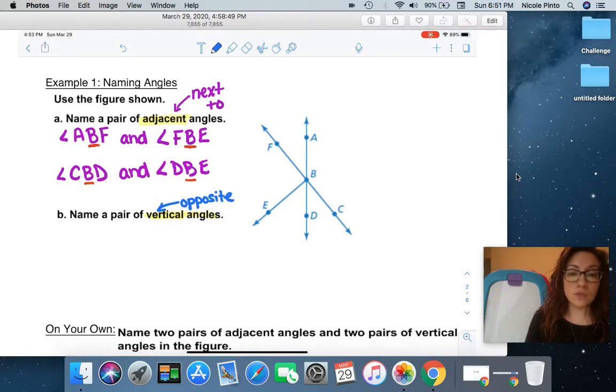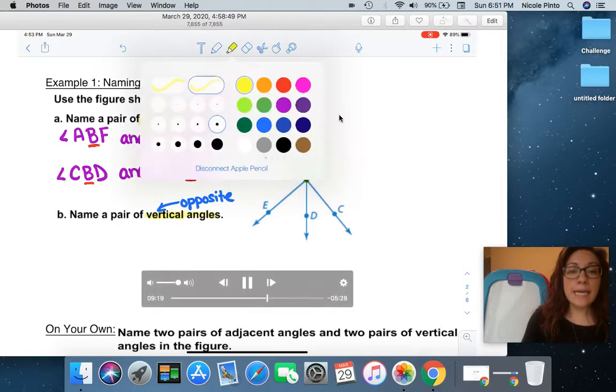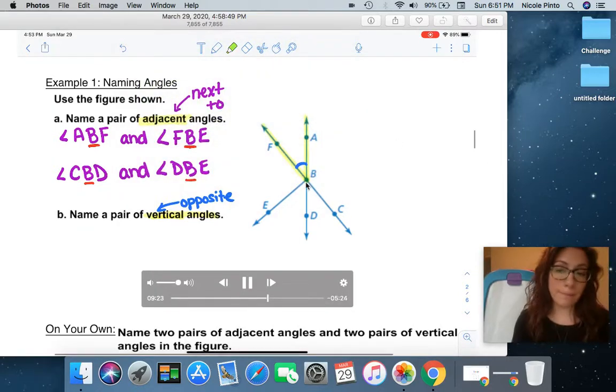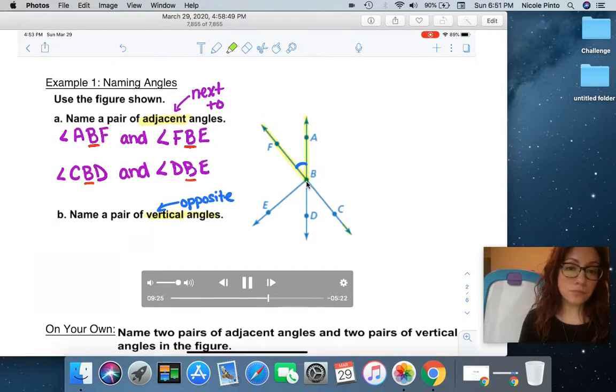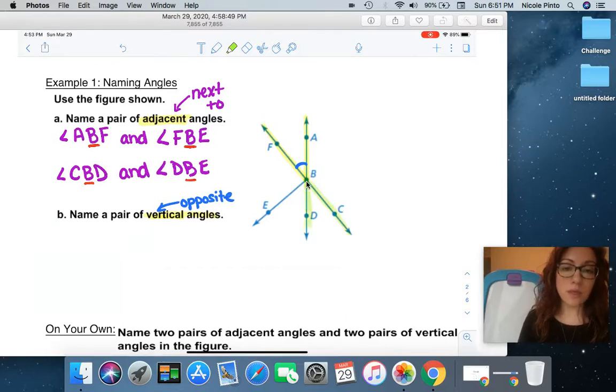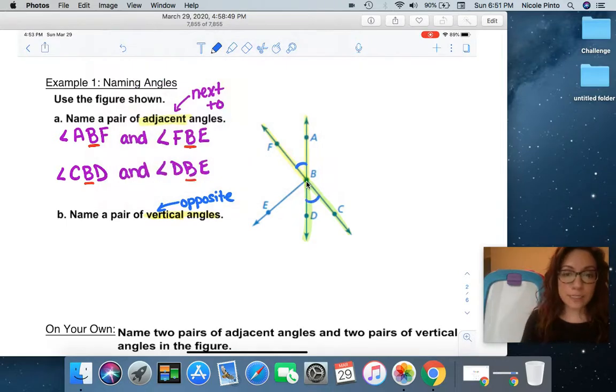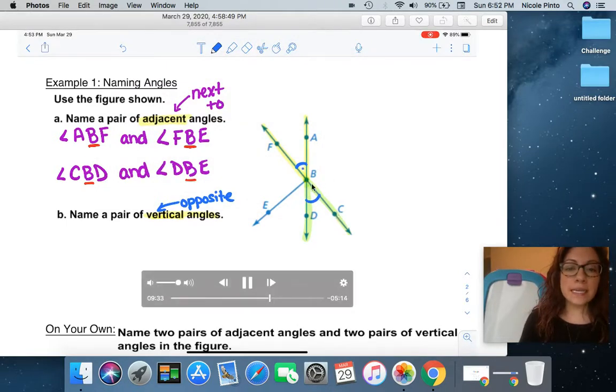Now, de nuevo, su ángulo, cuando usted pone el ángulo en el papel, you're going to name it using 3 letters. The vertex is always in the middle, okay? So here, I chose angle again, ABF. The vertex B in the middle. Now, directly on the opposite side, in front of that, would be CBD.